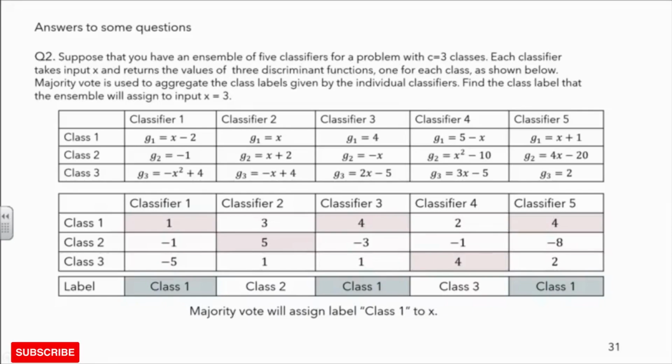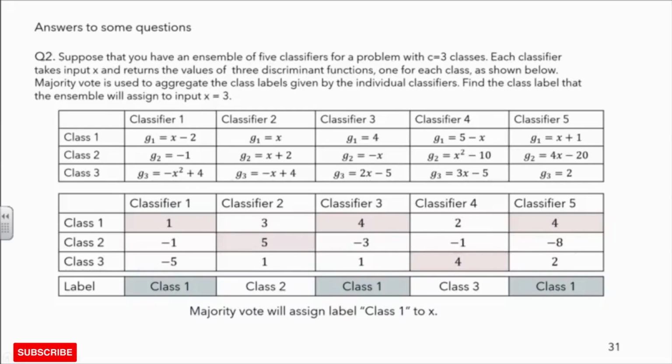So 3 minus 2, this is 1. Minus 1. Minus 3 times 3 plus 4, this is minus 9 plus 4, this is minus 5. What is the largest value? 1. And what is the corresponding class? Class 1.